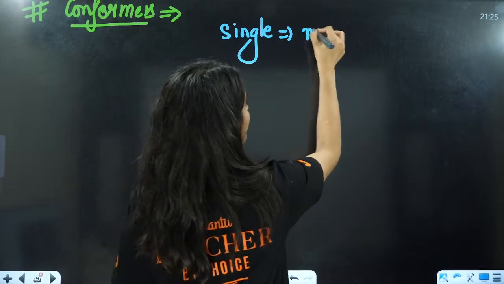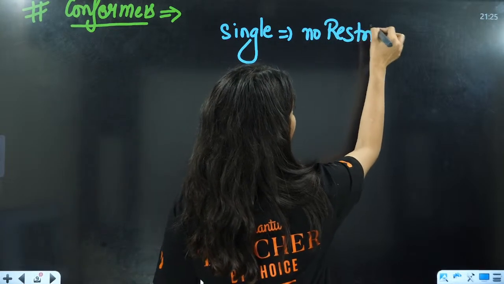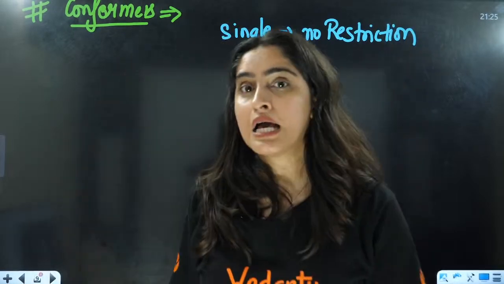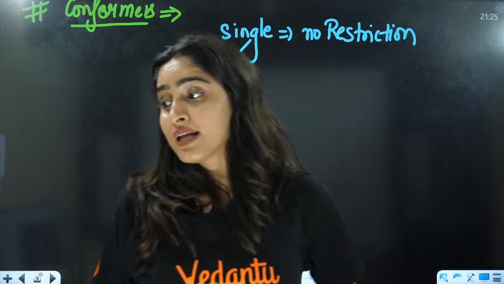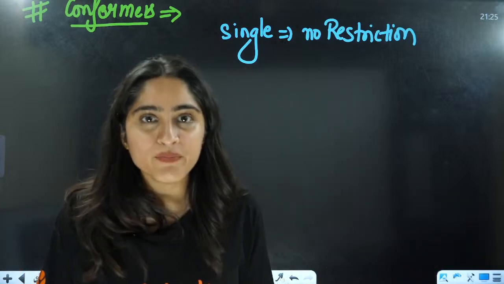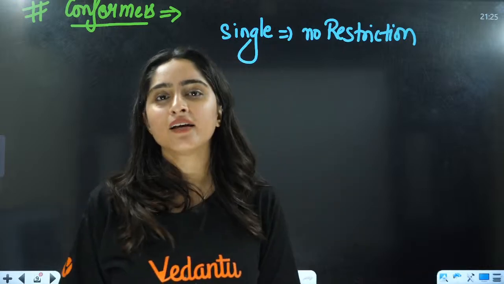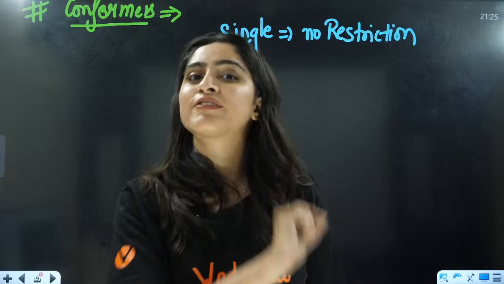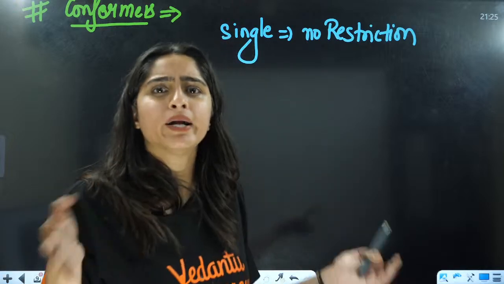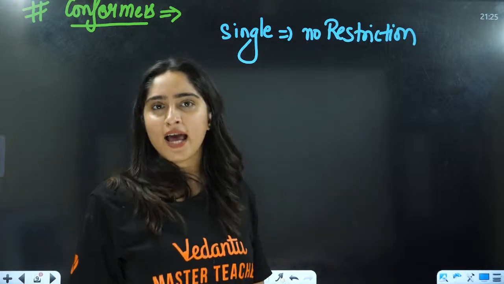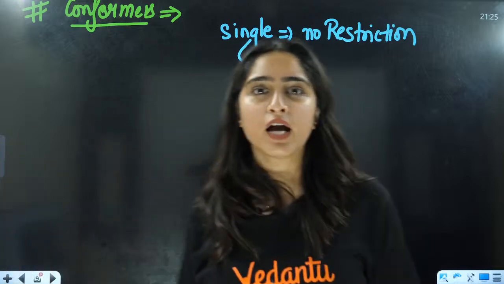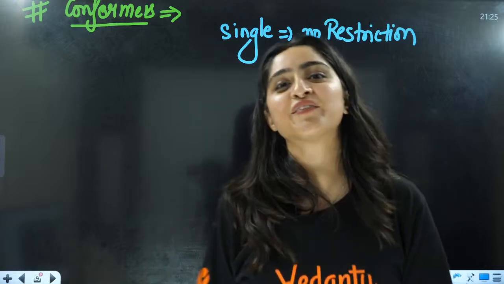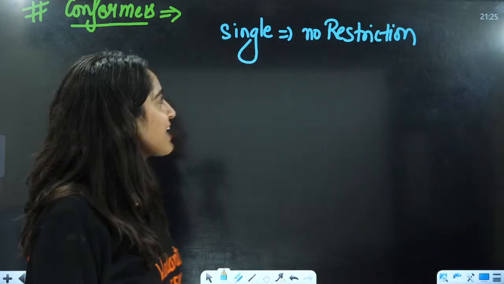If there is no restriction, that thing can move here and there. It means there will be change in the angles, and because of that change in the angles, there will be different conformers. When you are single, you are a free bird. You can move here and there and you will have different conformers, right?